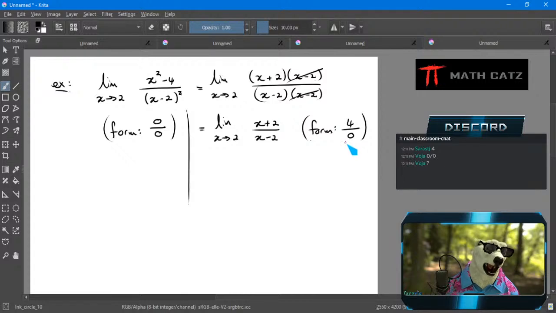It's a new function. The form could change, which is why I do it again. It's 4 over 0. Now that is a much more telling form. It says the numerator stays constant. Well, it's not constant. It's going to a constant 4, where at the same time, the denominator shrinks to 0.